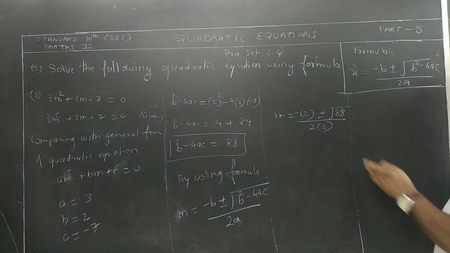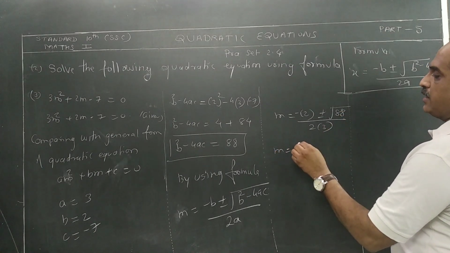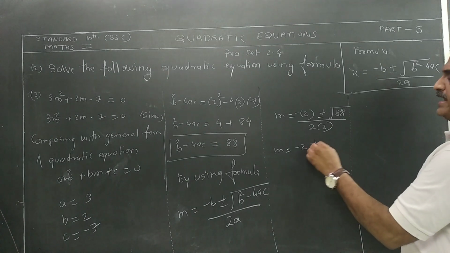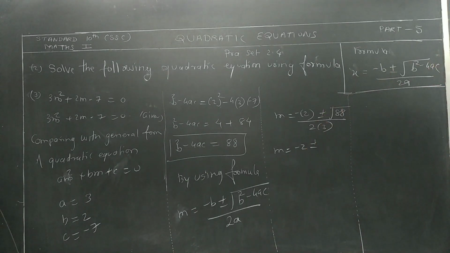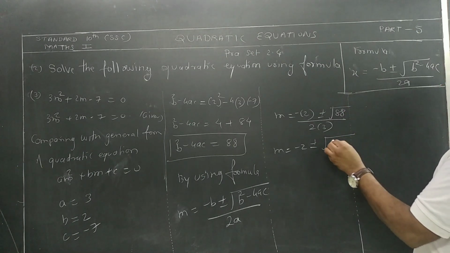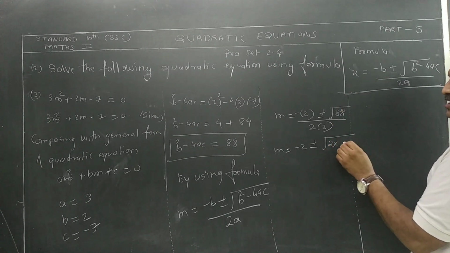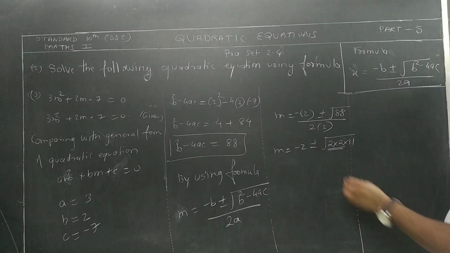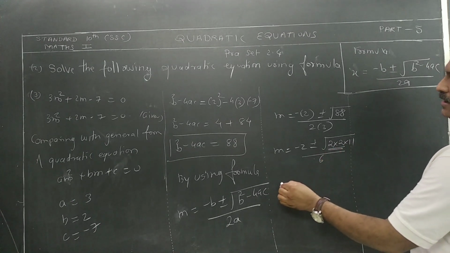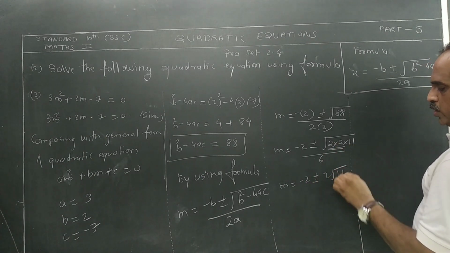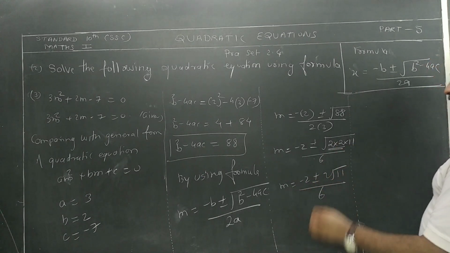Now 88, so m is equal to minus 2 plus or minus. See whether this comes as a fraction or not, or we have to find out the square root of it, but it is not possible. But we can do 2 into 44, 2 into 11. At least this can come out. Correct? So what will happen now?